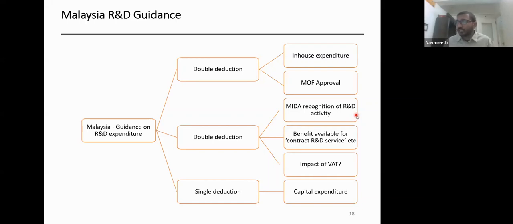For the double deduction under the second category, it has to be a scenario where a unit or a business is registered as an R&D unit and provides services to another entity. The entity making the payment can get a double deduction of the payment to the R&D unit or the recognized unit. This, as a consequence, would entail the provider of service to bill the recipient, including VAT.